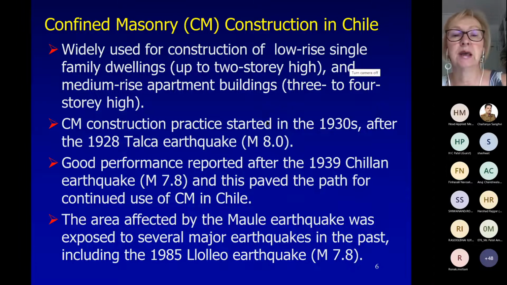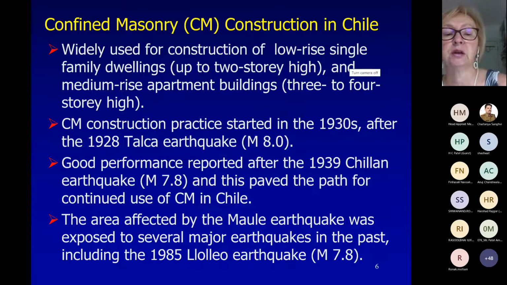I believe that in that earthquake there was already some confined masonry, and it could be explained that there are lots of Italian immigrants in Chile, and it is possible that they started the confined masonry practice because the first example of confined masonry was in Italy after the 1908 Messina earthquake. So good performance reported after these earthquakes in the 1930s, like Talca, started this practice in Chile.